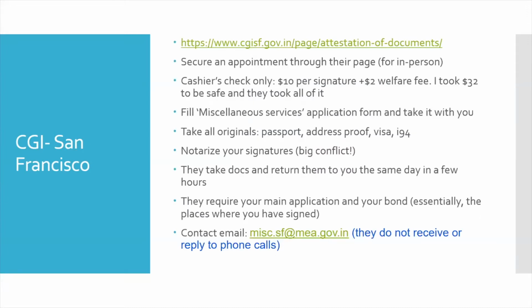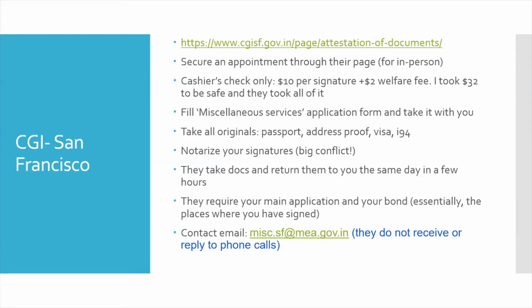Now, for the process at the consulate for San Francisco, this is the website. Go to this link and you can secure an appointment if you're going in person, or you can send your documents through the mail. So if you're sending it through mail or in person, the instructions are very explicit.